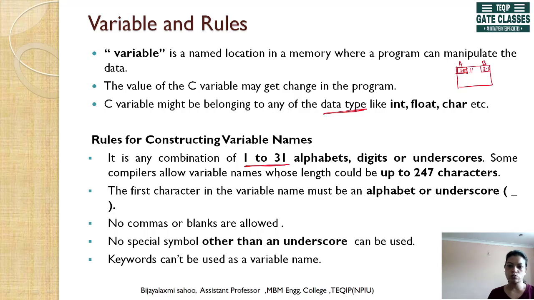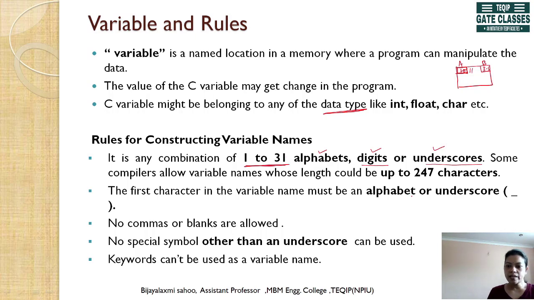That means capital A to Z or small a to z, or any combinations of alphabets. You can use digits also, you can use underscore also. That means a variable name can be a combination of alphabets, digits as well as underscore.